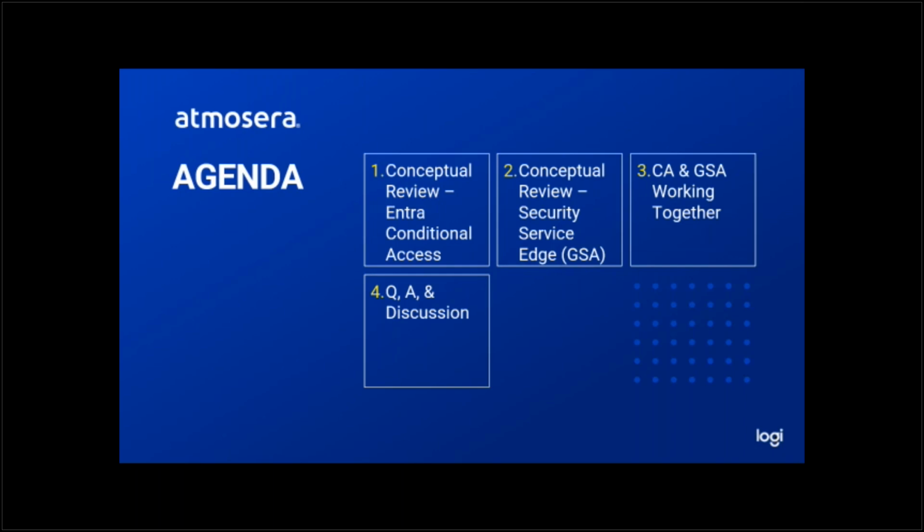And then we can talk about how they can work together, because they really are two great tastes that taste great together. So we'll go ahead and get the peanut butter and the chocolate together and take a look at how they combine. And then we'll do a little question, answer, and discussion session with the time that we've got left.